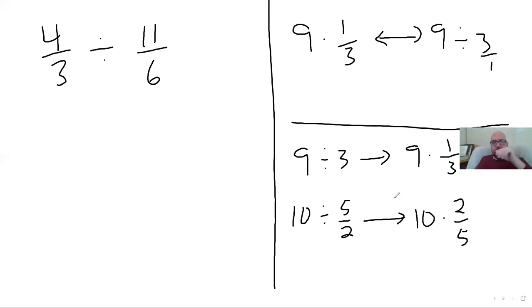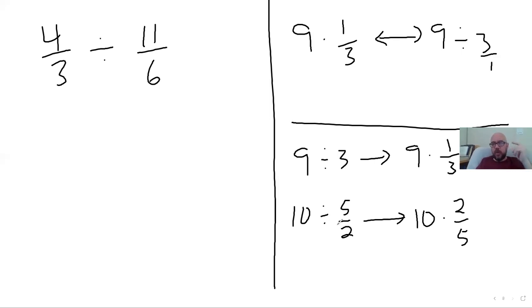It's probably easier to think of 9 divided by 3 than 9 times 1/3. But if you have 10 divided by 5/2, it's going to be way easier to think of it as 10 times 2 over 5. Basically, if your number starts as an integer, it's probably easiest to just leave it and do the operation. If it starts as a fraction, it's going to be easier to flip it over.